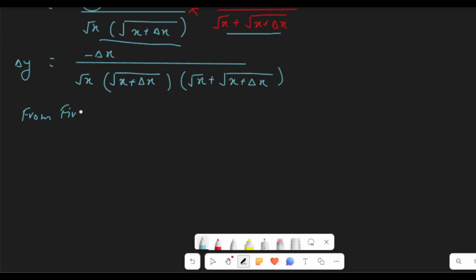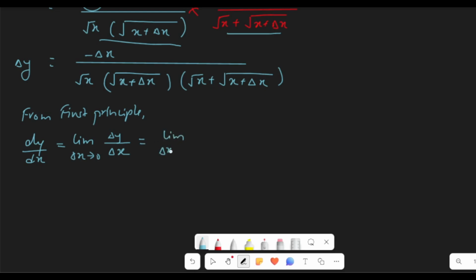So from first principle, we know dy with respect to x is given by limit del x tends to 0, del y divided by del x.